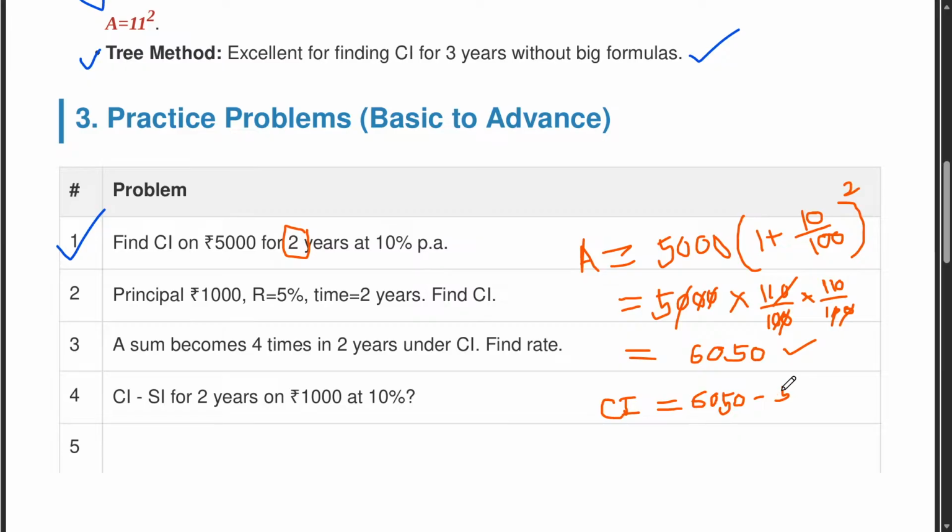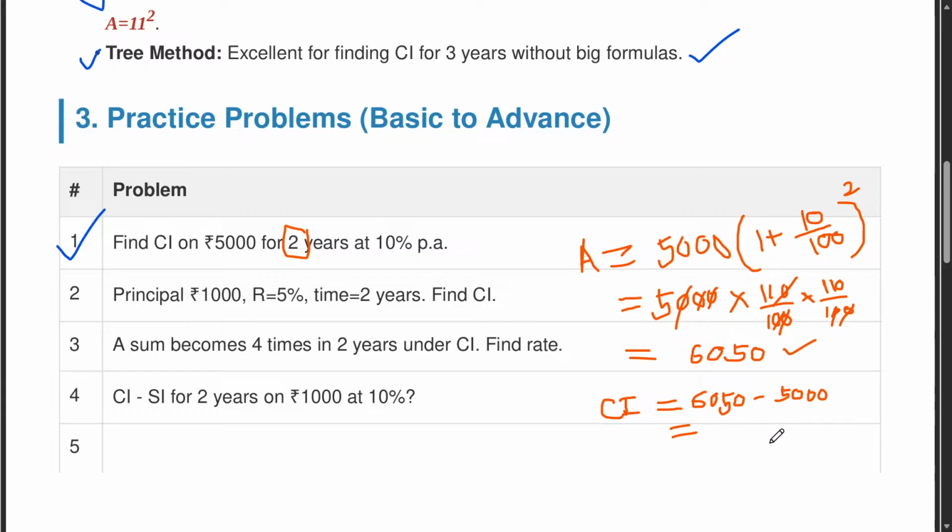So subtract 5,000 rupees from 6,050 rupees.